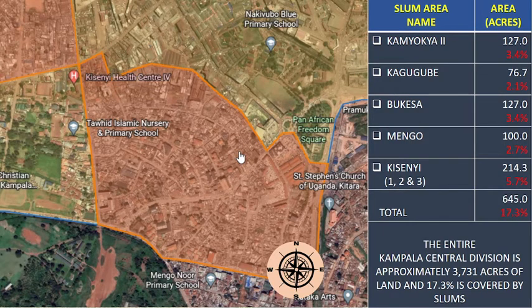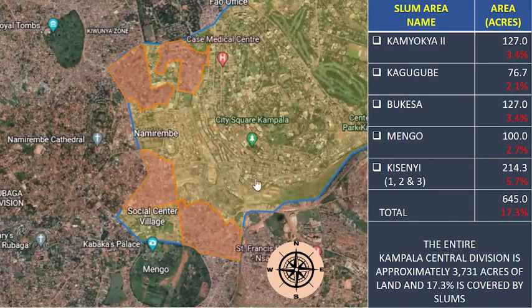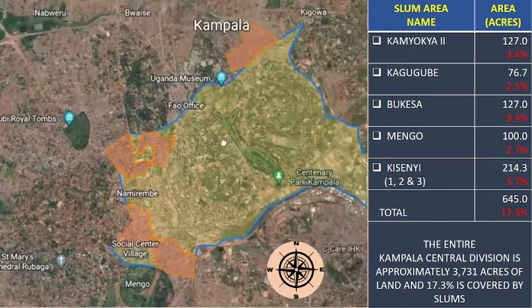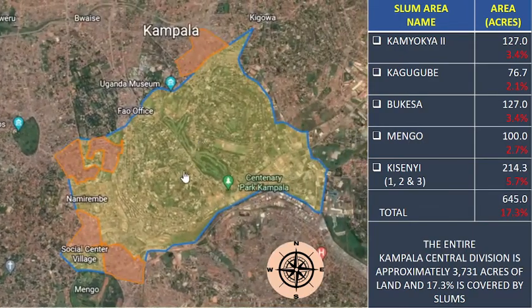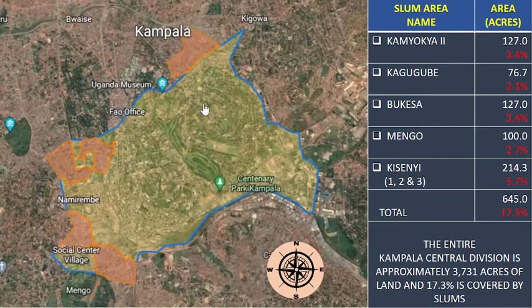That is Kisenyi 1, Kisenyi 2, and Kisenyi 3. So all these are the 5 major slum areas within the Kampala's Central Division that actually constitute most of the unplanned settlements where you find that a lot of people, a lot of poor living conditions are rampant.